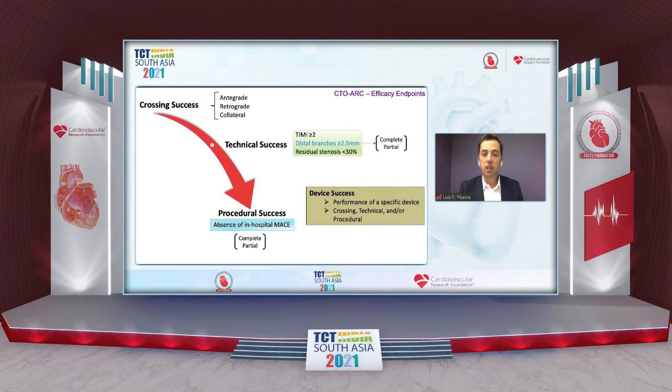If you're studying devices, then you would choose a specific criteria for a specific device, whether it would be a crossing success for wires, for instance, or technical or procedural success if you're assessing drug-eluting balloons or drug-eluting stents.